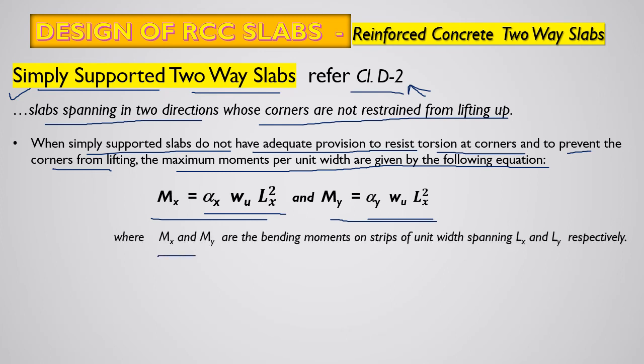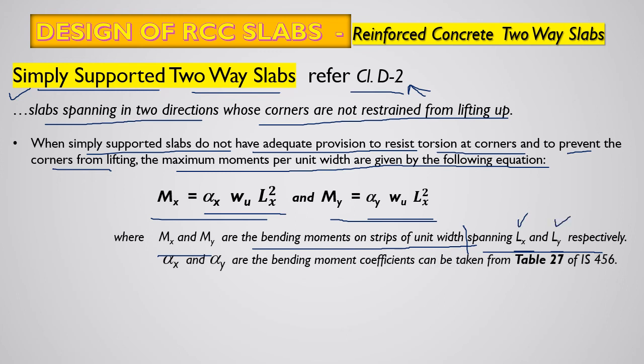Now where Mx and My are the bending moment on the strip of unit width as we have taken in case of one-way slab. Here it is similar to one-way slab, spanning along x direction as well as y direction. That means spanning along shorter span and spanning along longer span.